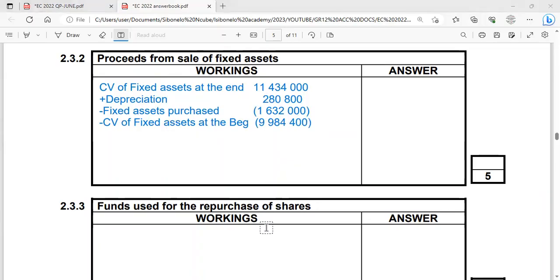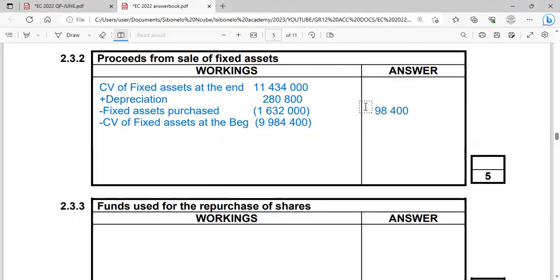So we've got 11,434,000 plus 280,800 minus 1,632,000 minus 9,984,400. So this gives a balance of 98,400.